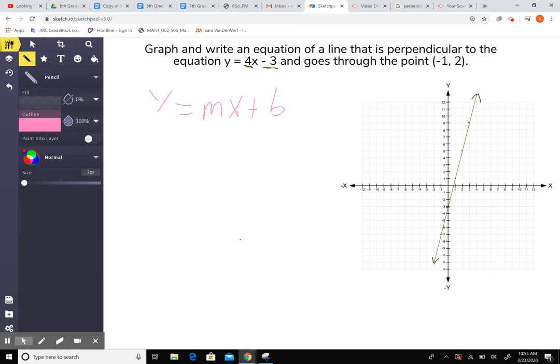My perpendicular equation, I'll call it PE, not for physical education, but perpendicular equation, is going to be y equals the opposite slope, which means it takes the negative of the other slope and its reciprocal, which means you flip it.